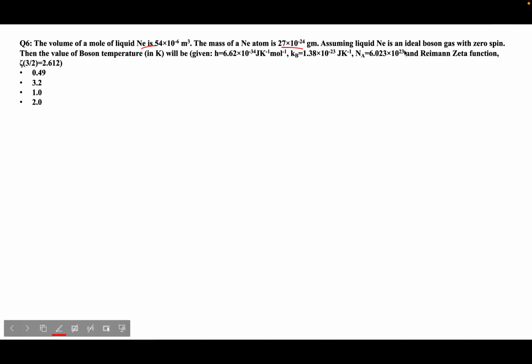Assuming liquid neon is an ideal boson gas with 0 spin, I equal to 0, the value of the Bose temperature TB needs to be calculated. This is h squared upon 2 pi m kB, times n by Riemann zeta 3/2 V, to the power 2/3. So by putting in the values we can get the answer.